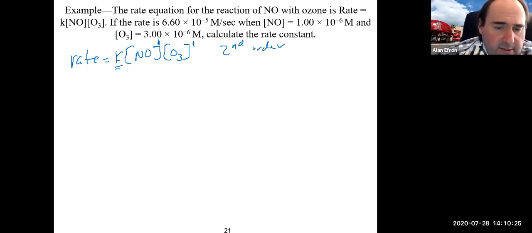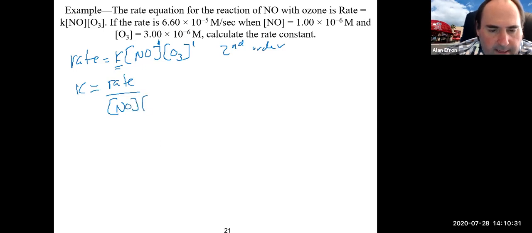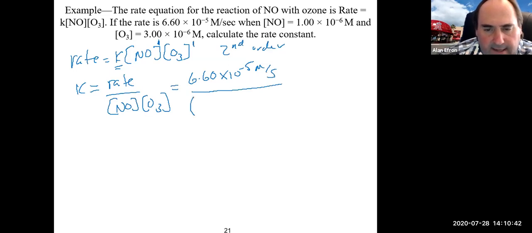So if we solve it just like we did on the previous one, the rate would equal k times our NO and our O3, and they gave us all these values. So k is going to be 6.6 times 10 to the minus 5 molar per second divided by our 1 times 10 to the minus 6 molar and our 3 times 10 to the minus 6 molar.